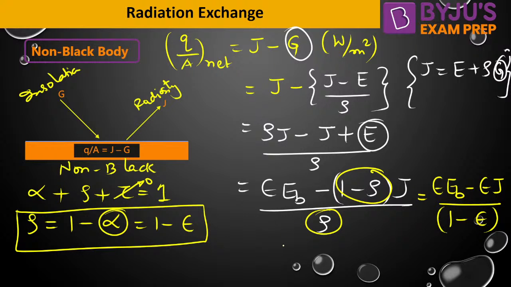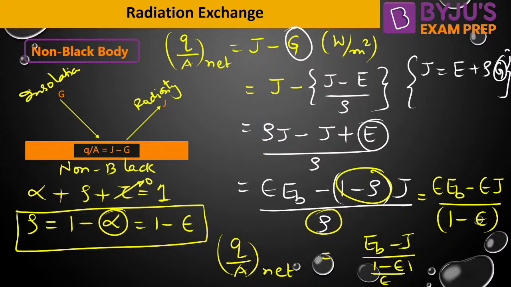Is this clear? So Q by A net can be written as EB minus J upon (1 minus epsilon) upon epsilon.